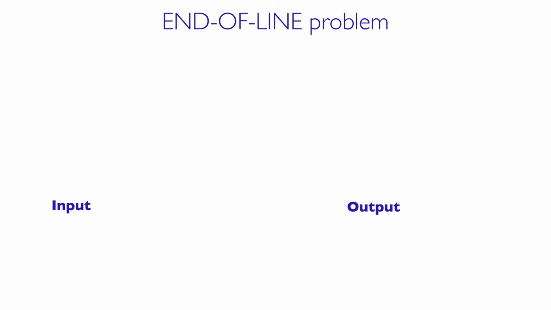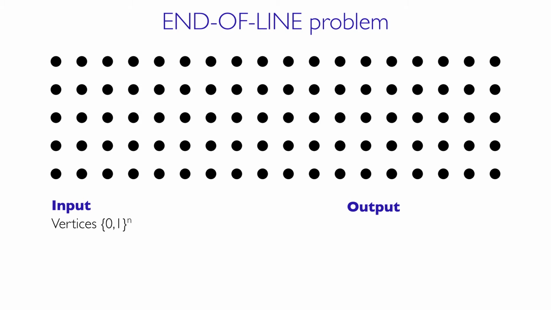We introduce a computational problem called end of line that we use later to characterize the computational complexity of fixed points and of the Sperner problem. We define end of line in terms of input and output. In input we have first a number of vertices represented as a string of n bits.